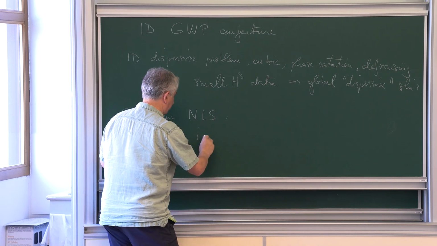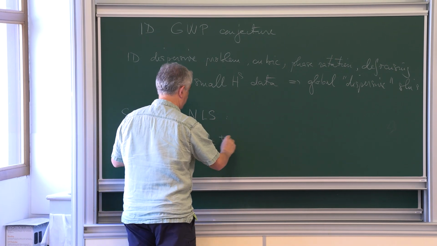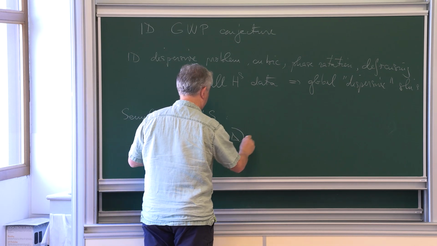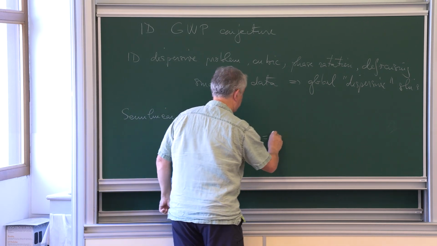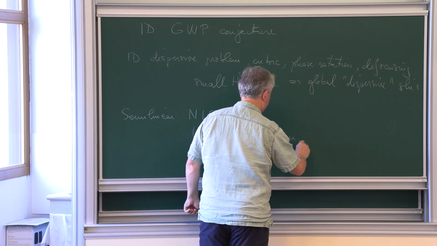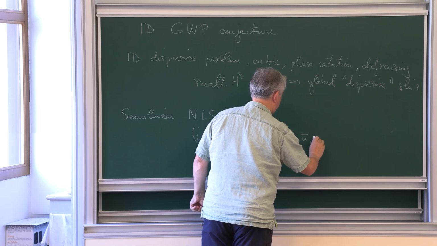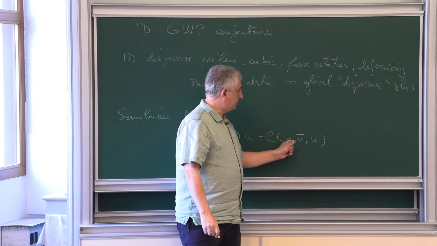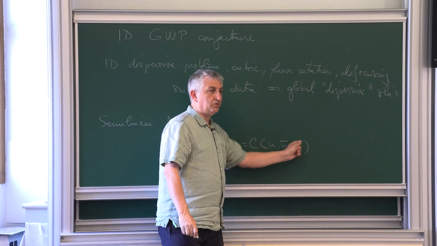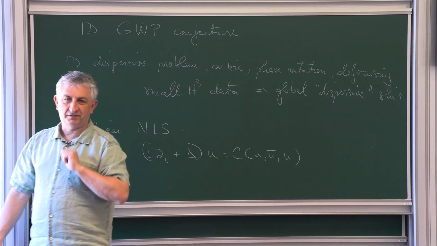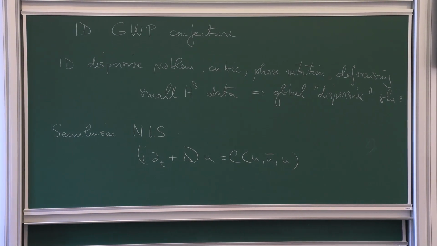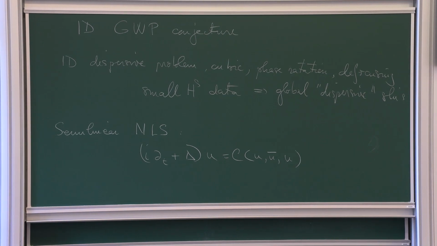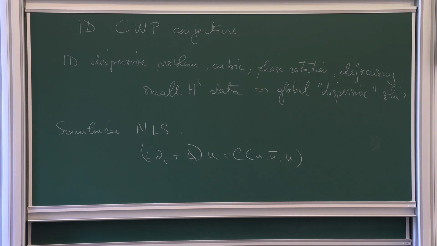So take the following equation, with the cubic trilinear form. For the phase rotation symmetry, we need to put here two u's and two u bars. I will always put them in this order. We like to have alternate choices there.